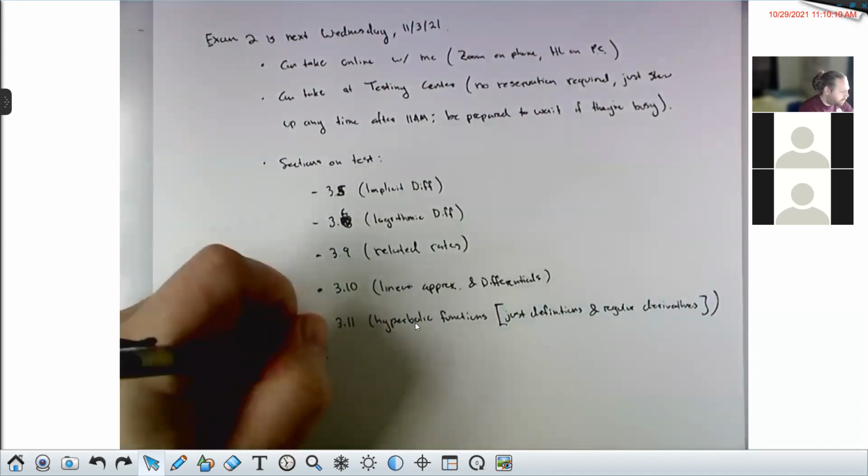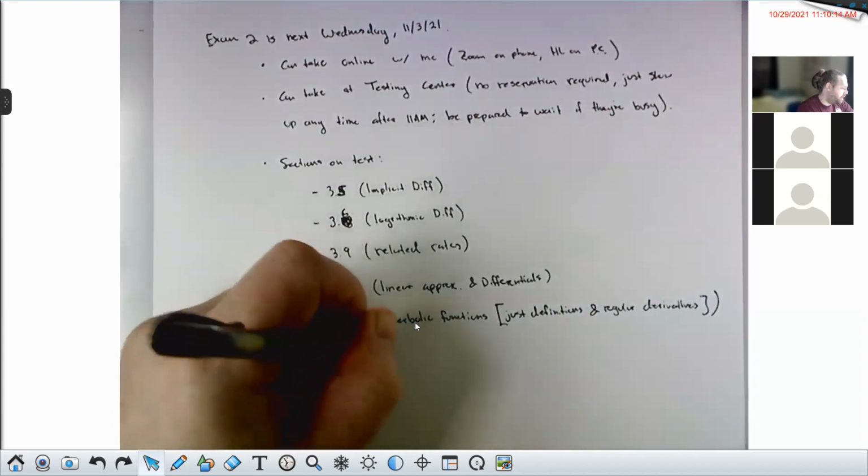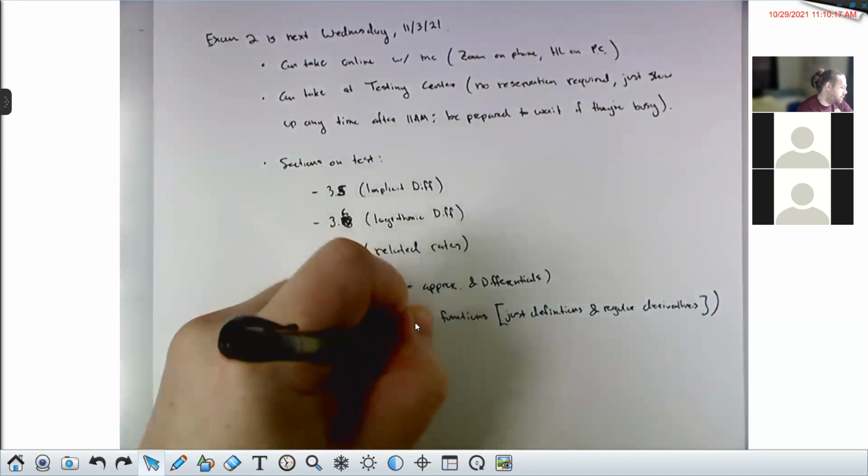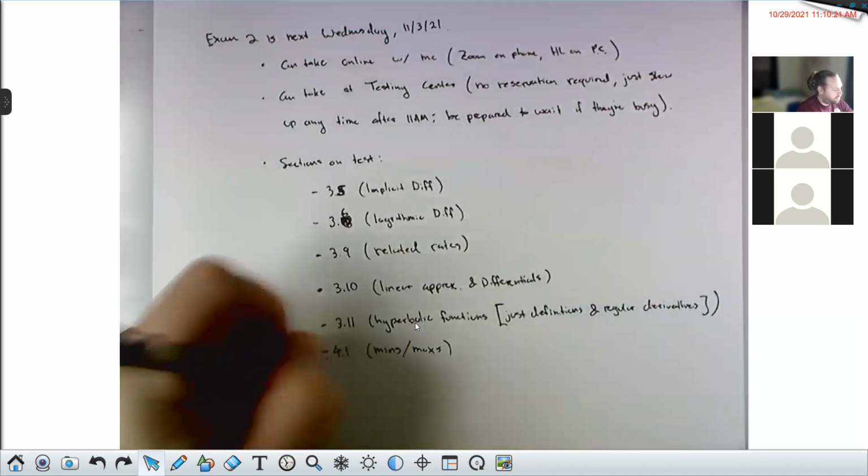Then we jump to 4.1, which was on mins and maxes, specifically absolute mins and absolute maxes.